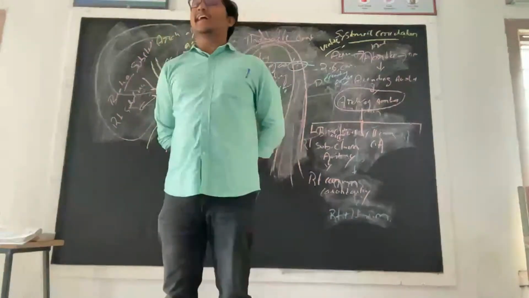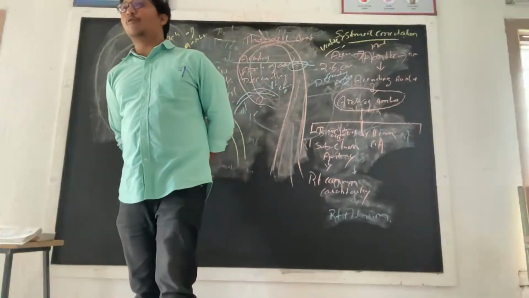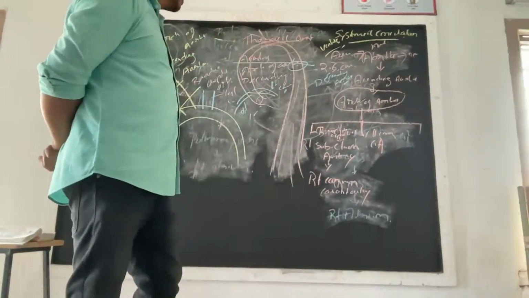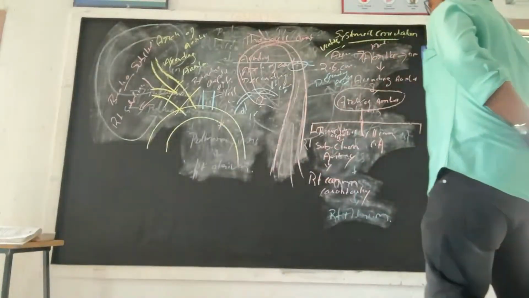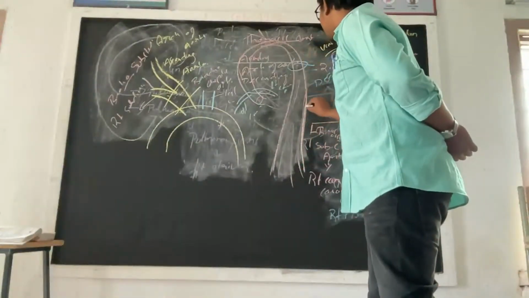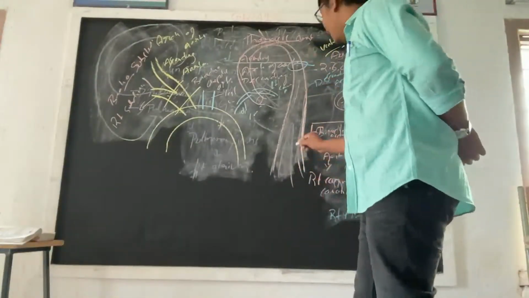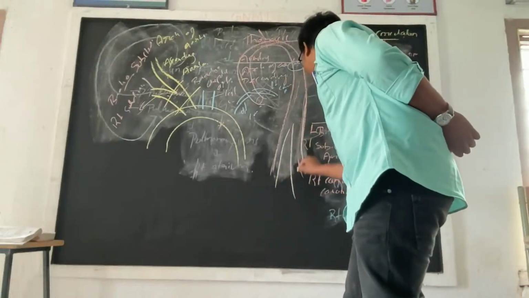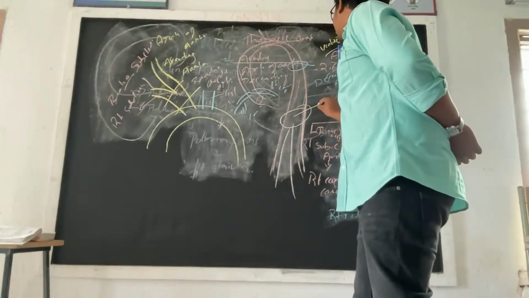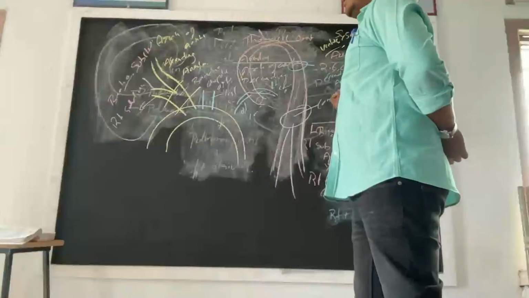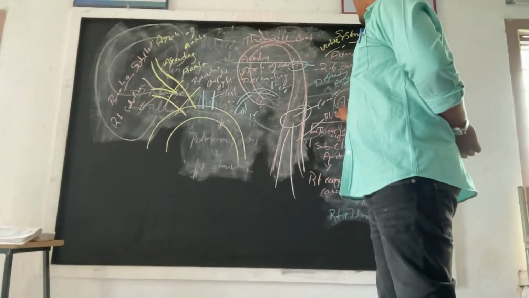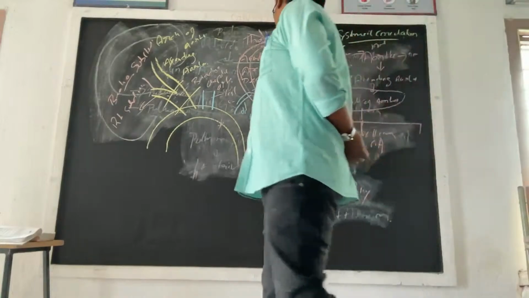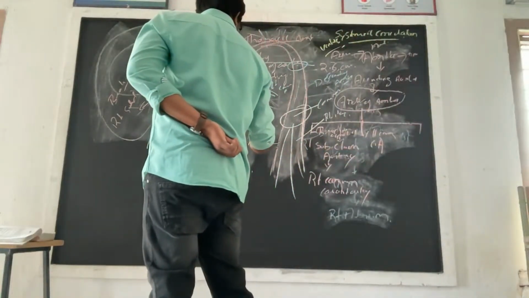If you see figure number 4.13, look at this. Whatever is here is called the descending aorta. Here it is dividing into two. Before it gets divided, this is called common. Here, what is happening? The right iliac artery and the left iliac artery.